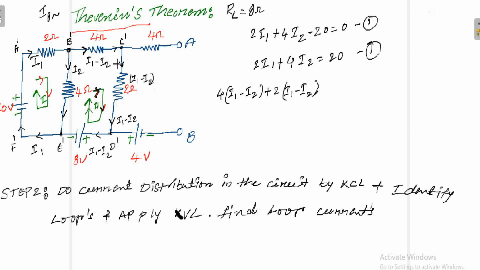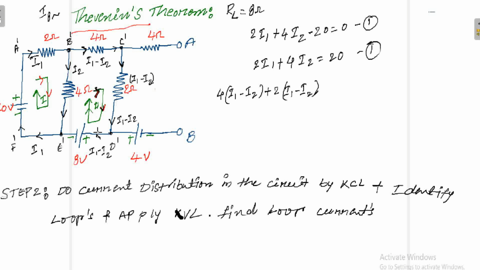Now we have completed C' to D'. Now D' to E'. The current is entering the positive, so let us consider plus, the value is 8. This is also the same direction, and our loop is pointing towards positive.